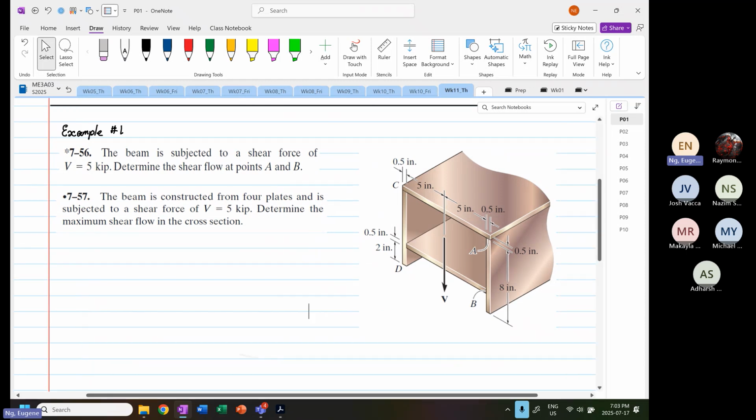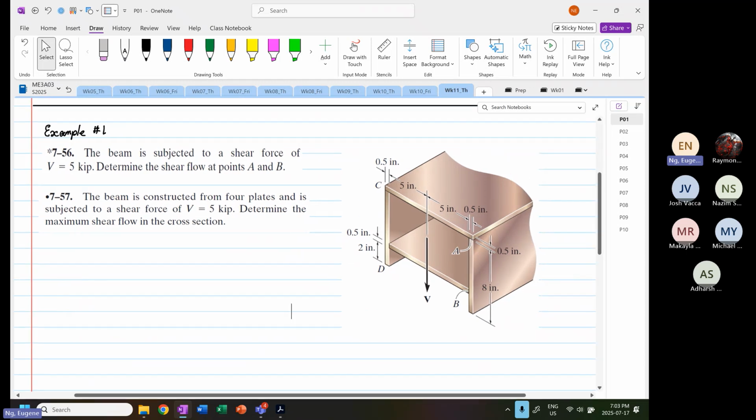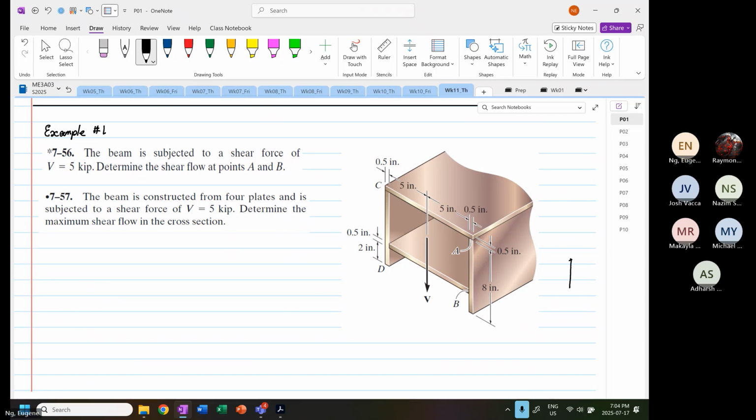If we were to label our axes, this is our y, this is our x, and this is our z.